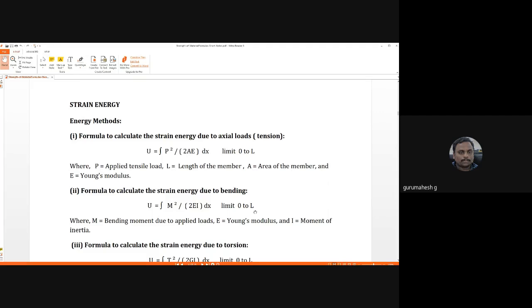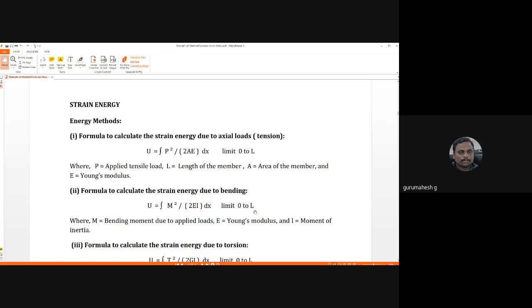So first we go for strain energy. What do we mean by strain energy? We use these formulas for calculating strain energies in different materials and conditions.